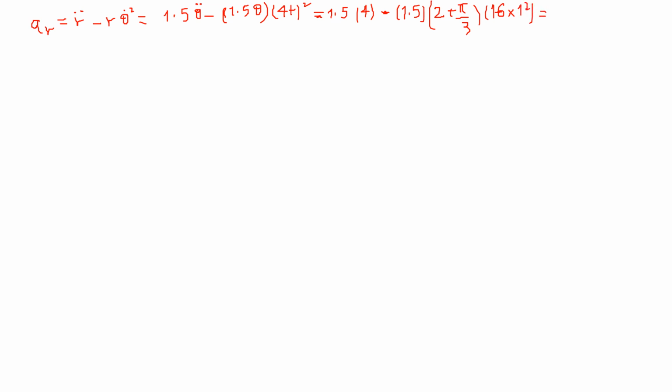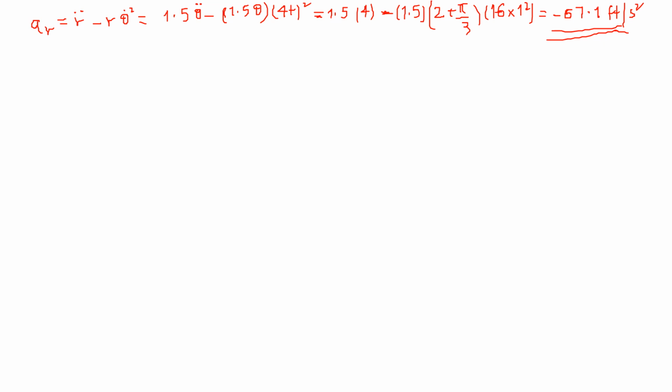And put everything into the calculator. Let me do this. So now I have found this to be negative 67.1 to 3 significant figures feet per second square. Okay, so this is the radial acceleration.